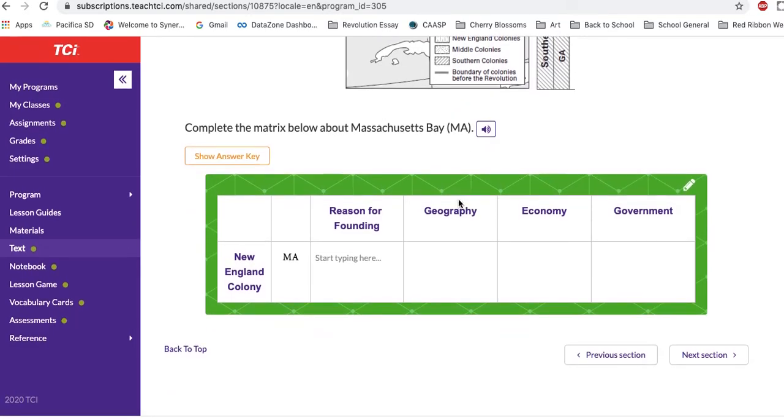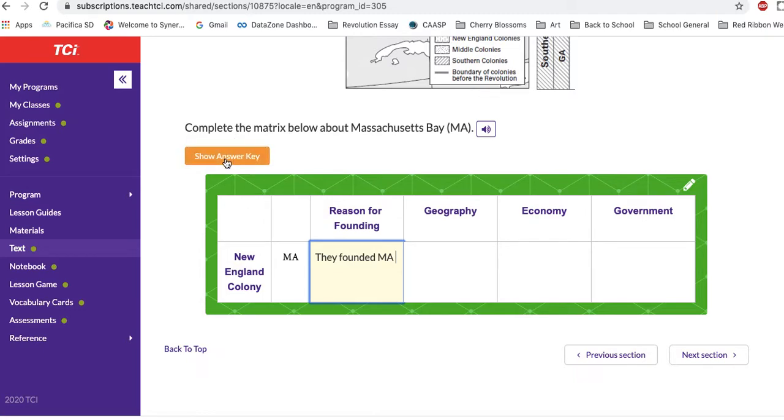And then it says to fill out this matrix. So this is where you would start typing and you would say the reason for founding. It's kind of a small area, so you would put they founded Massachusetts for.